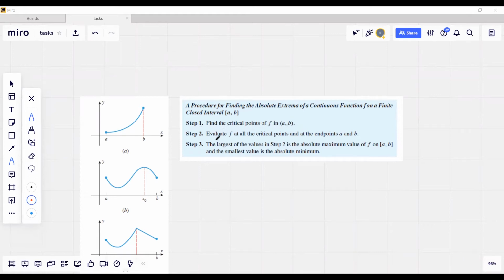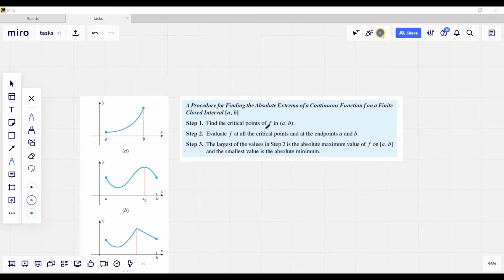Then we also know that this function might have its absolute extremal points at the endpoints of that interval. So we need to check these endpoints. We are going to evaluate the value of our function at those endpoints and at the critical points that we found in step number 1.